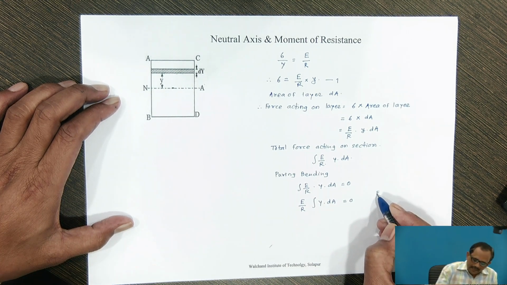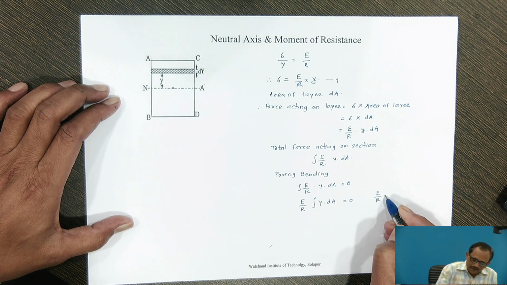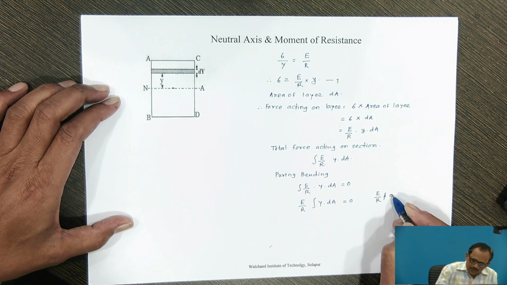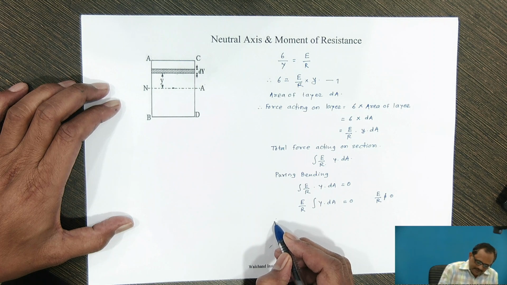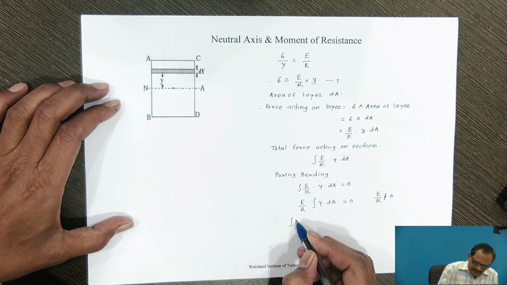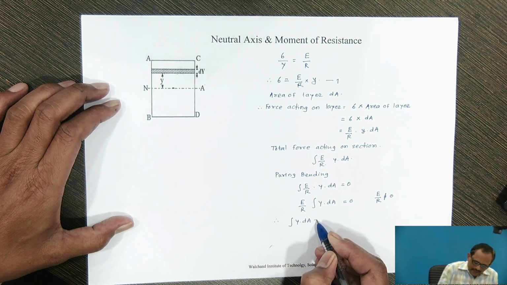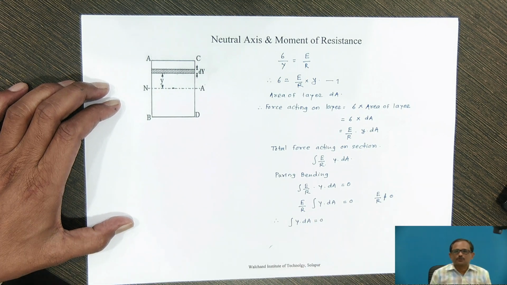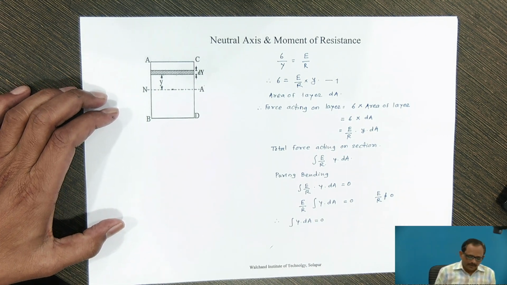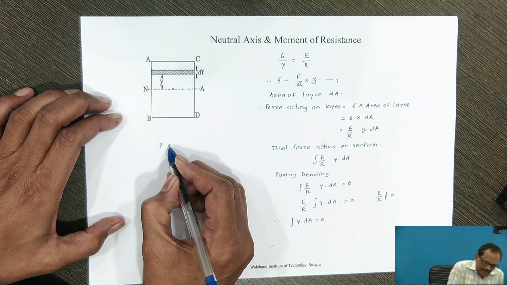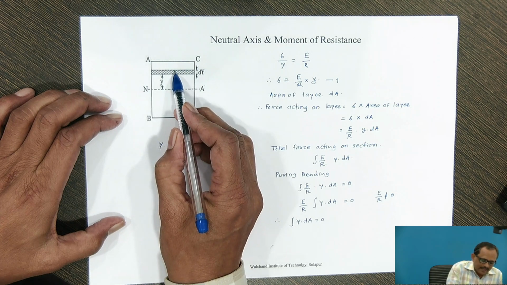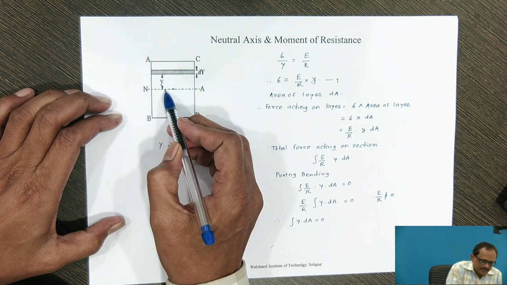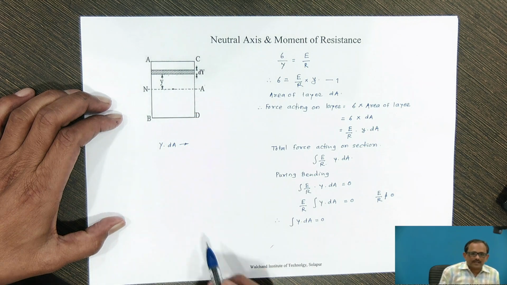Now, the values of E and R are not equal to 0, they will have certain values, and therefore you can write this equation: integration of y into dA is equal to 0. So y into dA is nothing but the moment of area of this particular layer about the neutral axis.